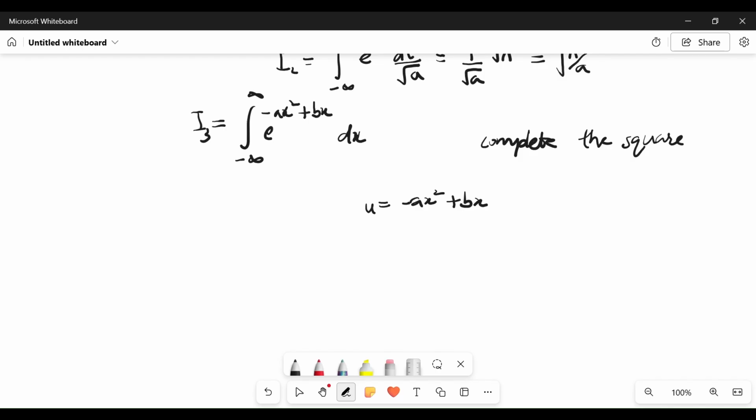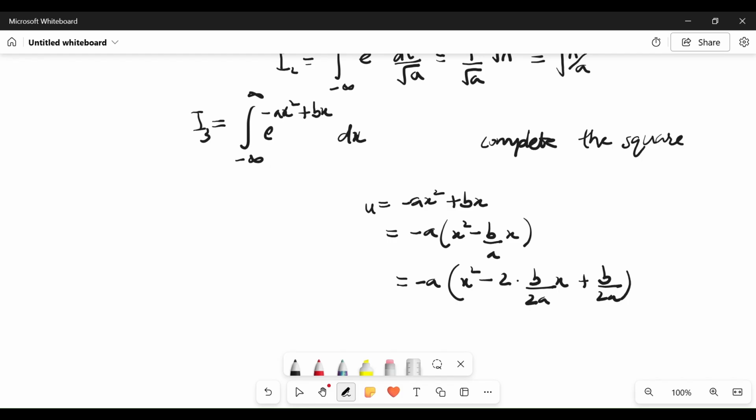Now, let's take this minus a out. So it will be x square minus b by a x. This is nothing but x square minus 2ab kind of a term, where I'm writing b by a x. So we need the square of this term here, so I'm adding the square of this and subtracting the square.